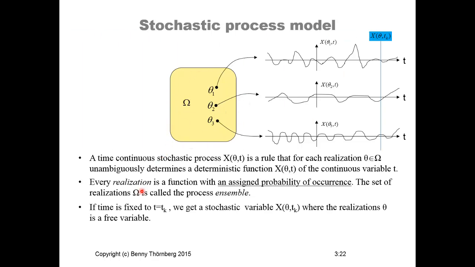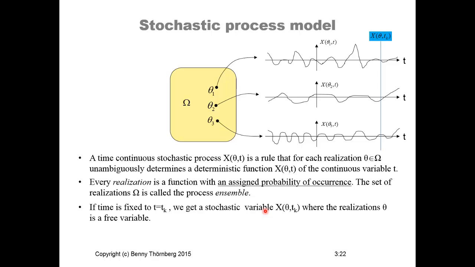And if we fix the time to t equal to tk, then we get the stochastic variable x of theta tk, where the realization theta is a free variable. So if we fix the time to t equal to tk, then what we get is a stochastic variable out of this process.